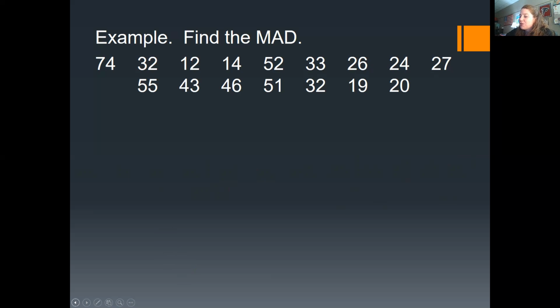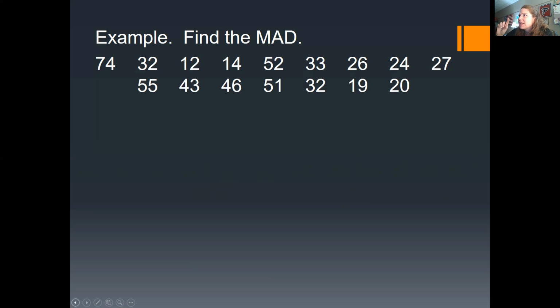74 plus 32 plus 12 plus 14 plus 52 plus 33 plus 26 plus 24 plus 27, 55, 43, 46, 51, 32, 19, and 20.